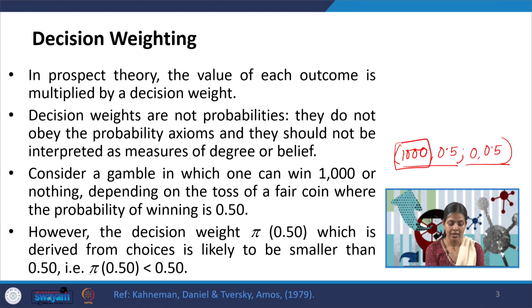Alternatively, I attach less importance to the outcome of winning 1000 rupees with a probability of 0.5. So, that is why 0.5 is greater than pi(0.5). This is basically an expression of our preferences, our choices. This is what is called the decision weight.